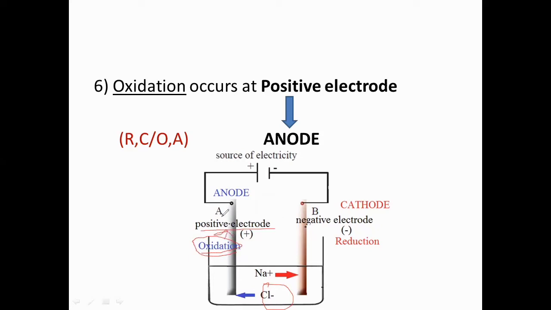This positive electrode is the anode. So oxidation happens at the anode. Oxidation, the first letter is O, and it occurs at the anode, the first letter is A. So O and A are both vowels, and you can easily memorize it. Oxidation occurs at the anode.